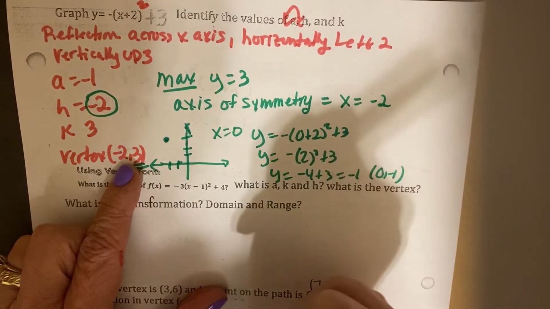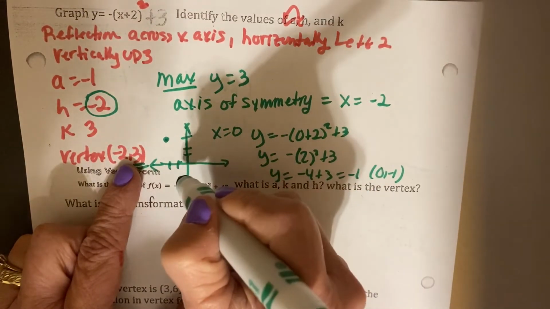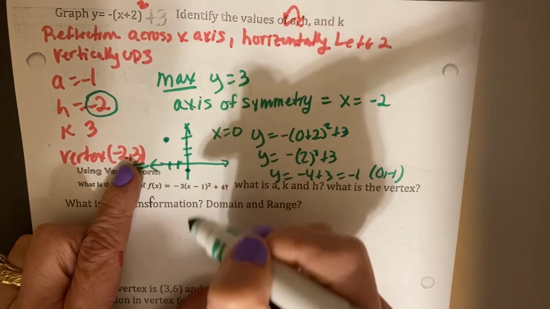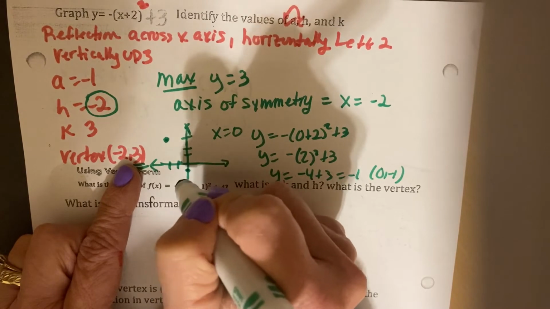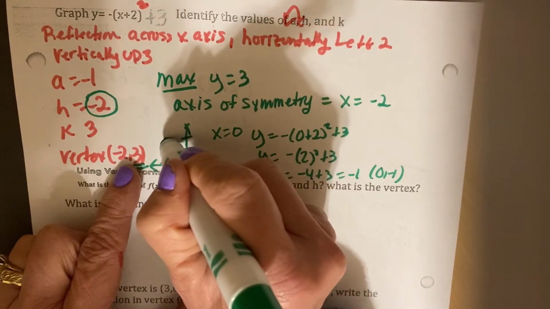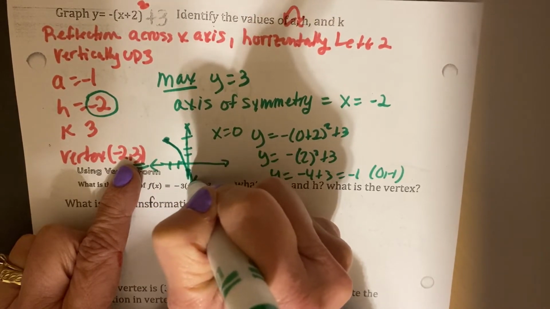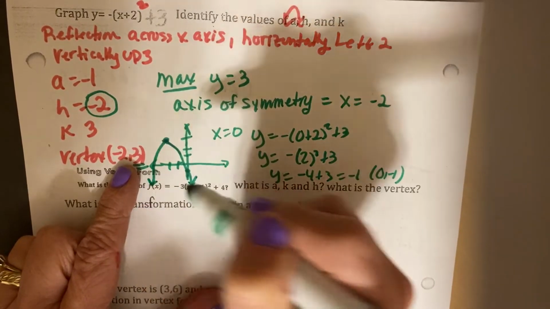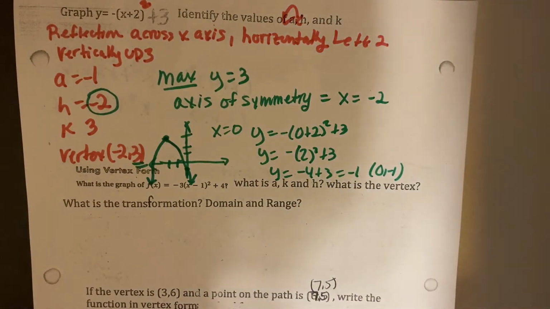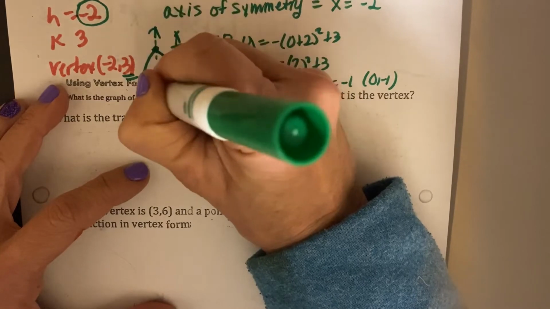I know my axis of symmetry, and I know that (0, -1) is where it's crossing. And so I can go ahead and tentatively draw it like this. Okay, so it should look something like that. And you can have your axis of symmetry going through it.